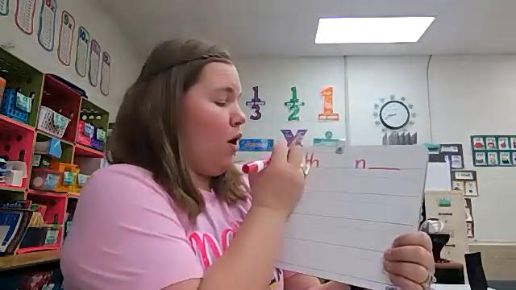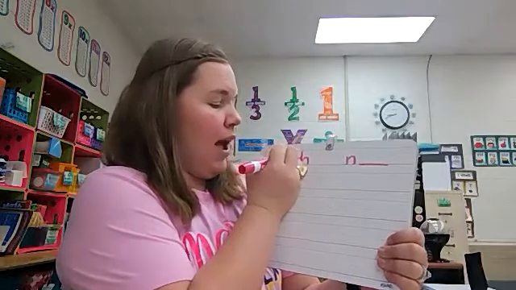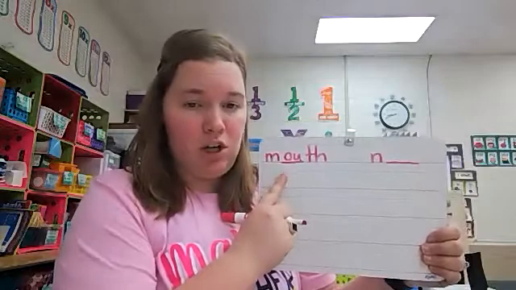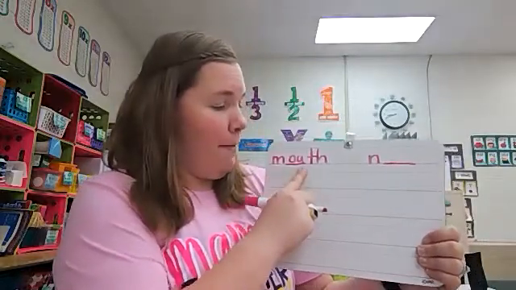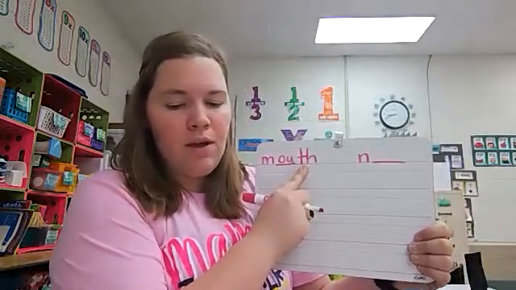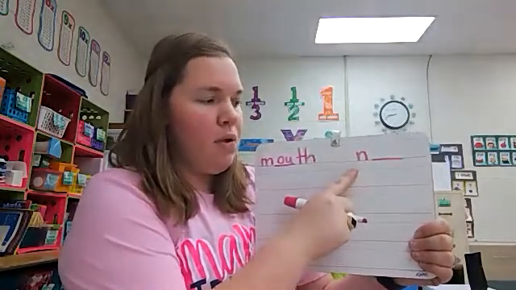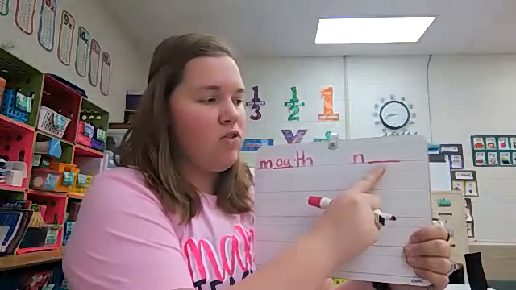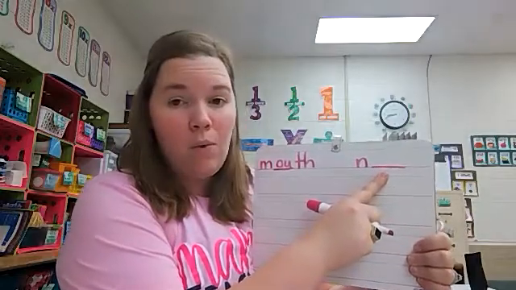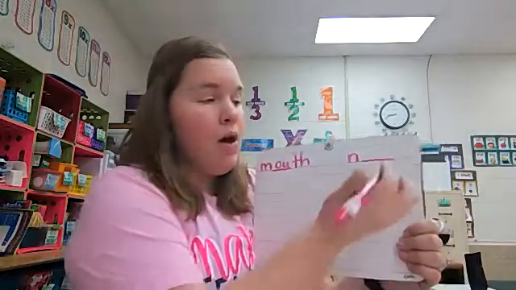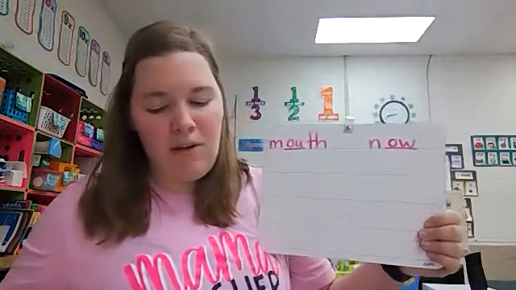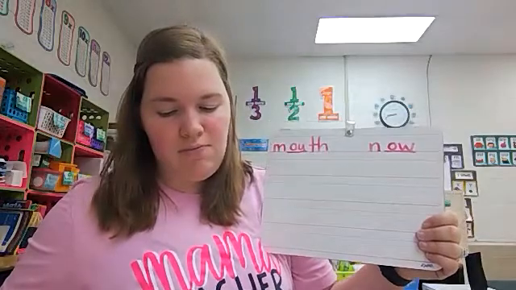We are going to use OU because the ow sound is in the middle part of the word. It's in the medial position. So this word is mouth. For this word, we want it to say now. Which spelling would we use for ow? OW, because it's at the end of the word. It's in the final position.